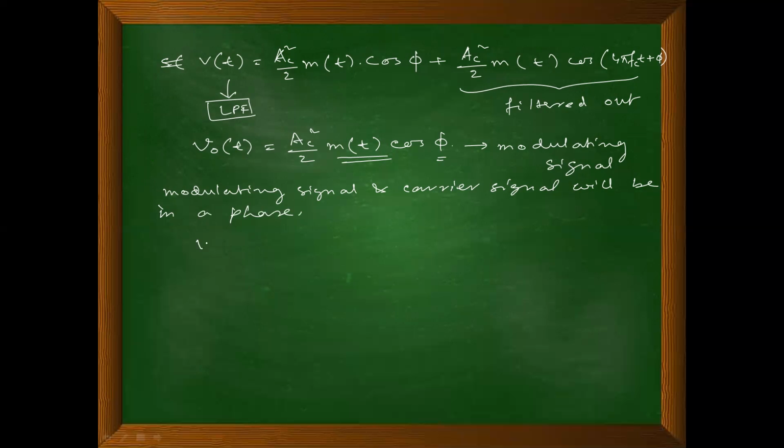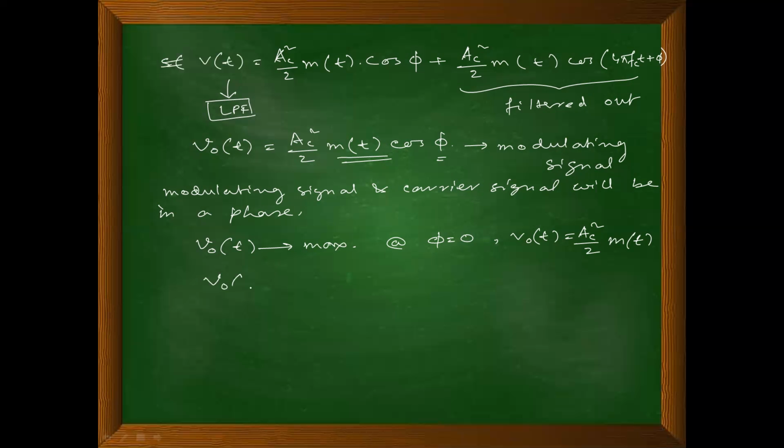Here v0(t) is maximum at φ = 0, that means cos 0. So v0(t) will be (Ac²/2) m(t) at φ = 0.